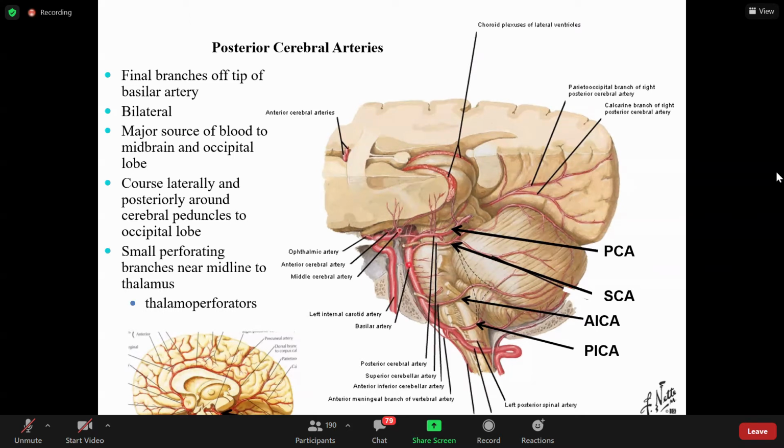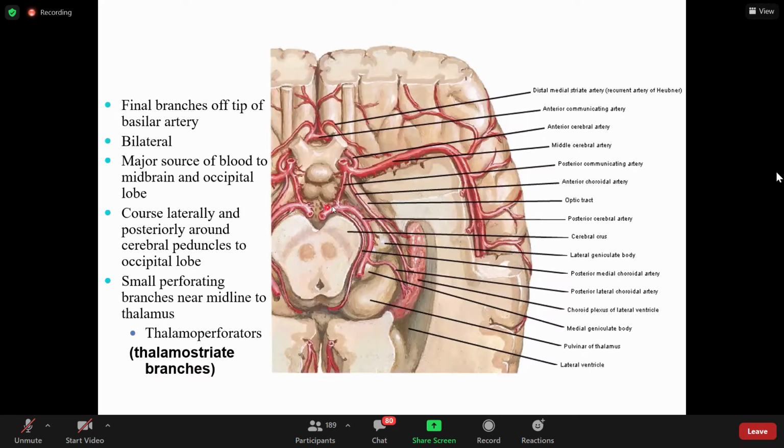Okay. Now, the posterior cerebral is going to wind around the midbrain so that it can reach the occipital cortex. And you can see it here. This is the posterior cerebral artery going around the midbrain, cerebral peduncles, okay, and it's heading towards the occipital cortex.